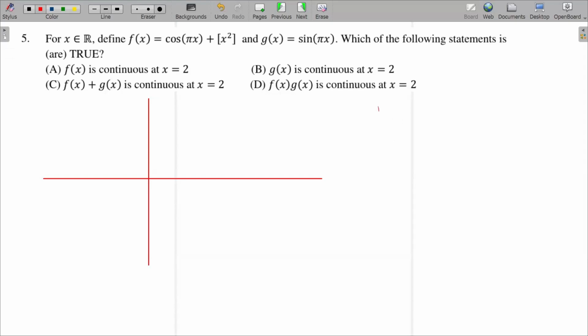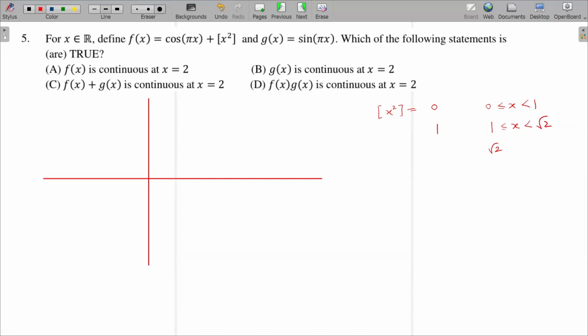If I'm looking at the floor of x square, or the greatest integer of x square, then if 0 is less than or equal to x less than 1, the square will be between 0 and 1, so the floor will be 0. But now for 1 less than or equal to x less than root 2, this will be 1.